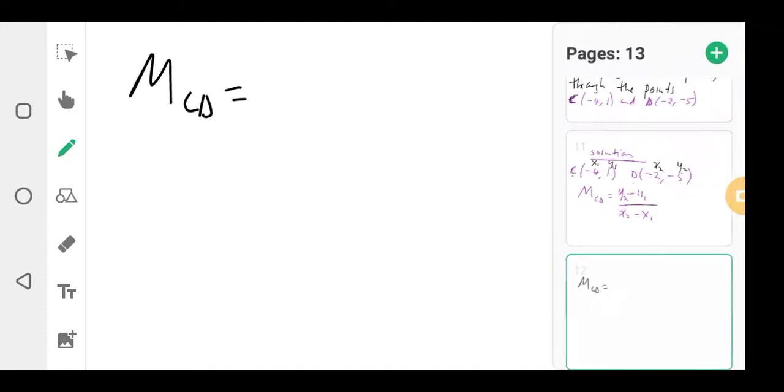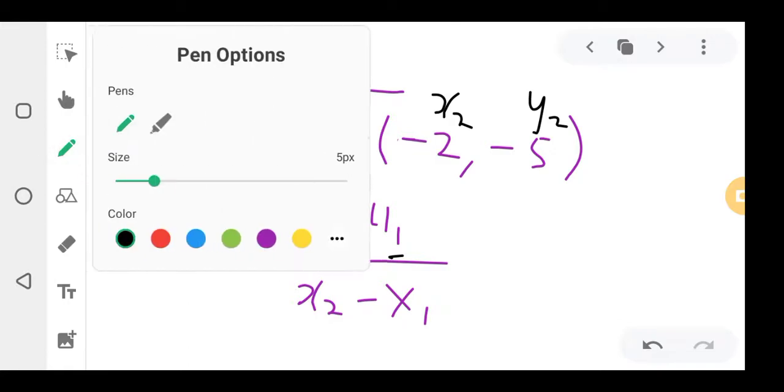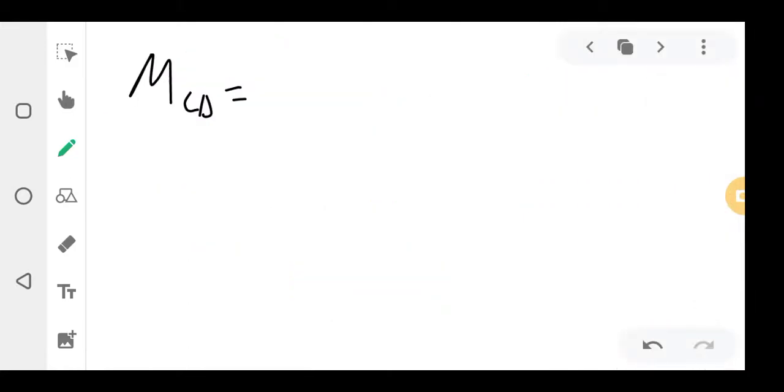So MCD is equal to, it's what? The formula says y2 here minus y1. What is my y2? You can see y2 here it's negative 5. So on y2 I put negative 5. On y1, as you can see here, it's 1. So I'll say y2 minus y1 is negative 5 minus 1.